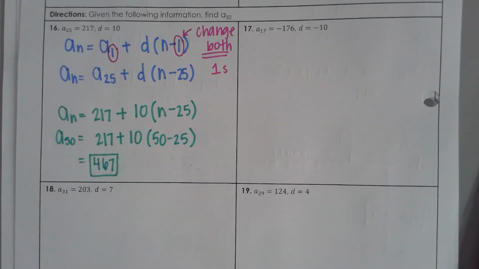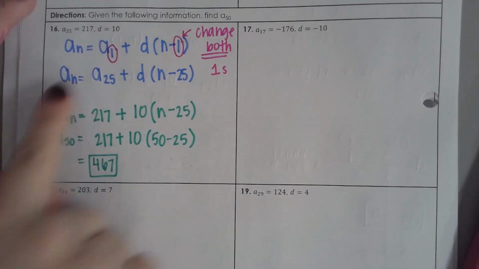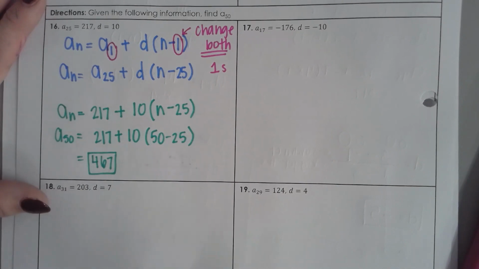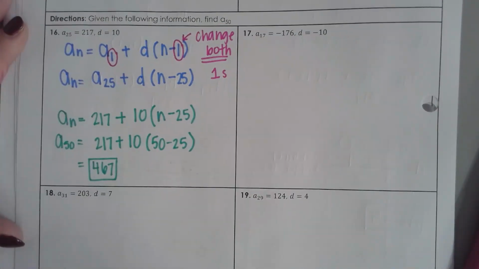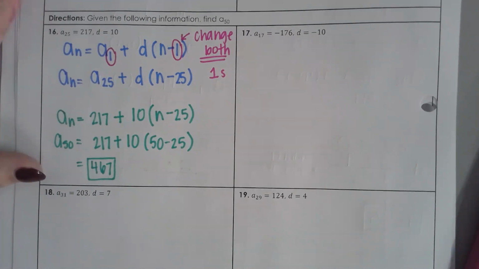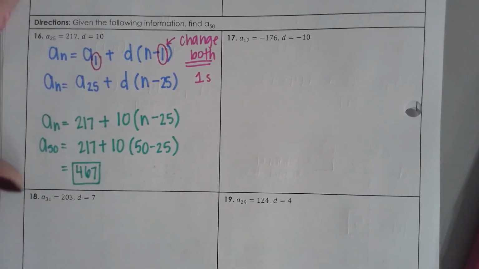Okay, but I want to see that work. So it would work. Yeah, that's exactly what you're doing, but you need to write this out to be careful. I don't want to see just an answer. Just an answer is not enough.